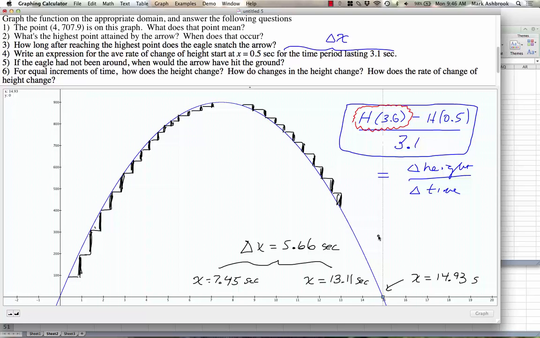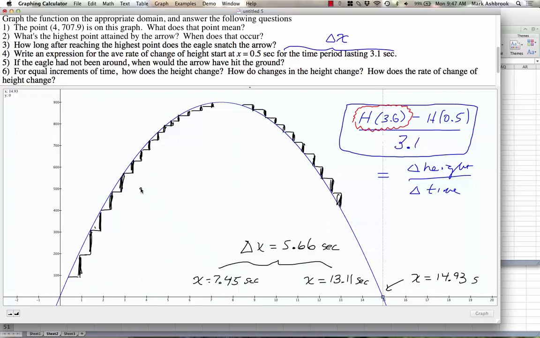Values that get more and more negative are still decreasing values. So even though those changes are getting bigger in amount, because they're negative changes, bigger and bigger negative changes are decreasing. So the changes in height are, starting at time equals 0, increasing or decreasing?